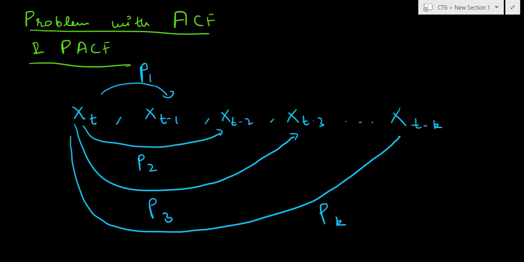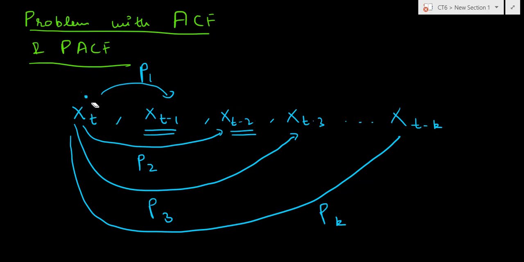But now there is a problem with this. We know that xt minus 1 is related to xt minus 2. So when I try to measure the relationship between xt and xt minus 2 using rho 2, maybe there is no direct relationship between the two.